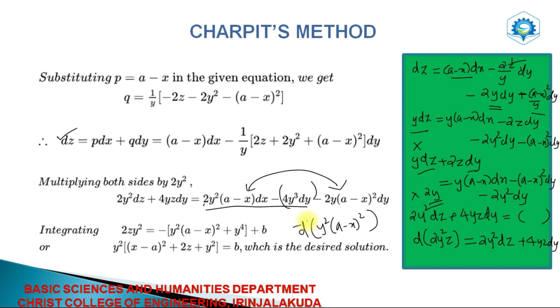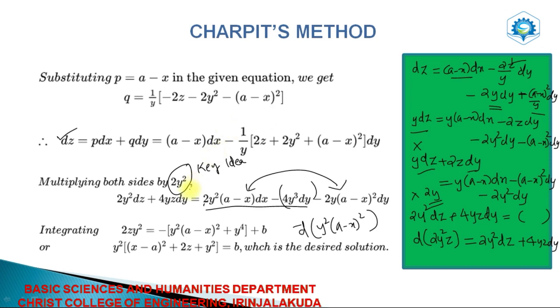We can just rewrite the equation as we wish, or anyway this is our final solution. Now keep in mind that multiplying with 2y square is actually the key idea here, and there is no direct rule or order. Nobody will tell you to multiply this equation throughout by 2y square. You have to do more and more problems.